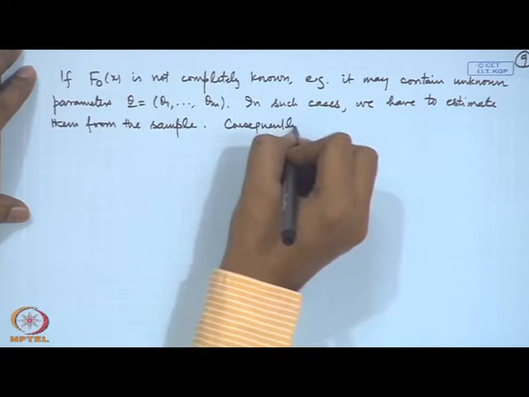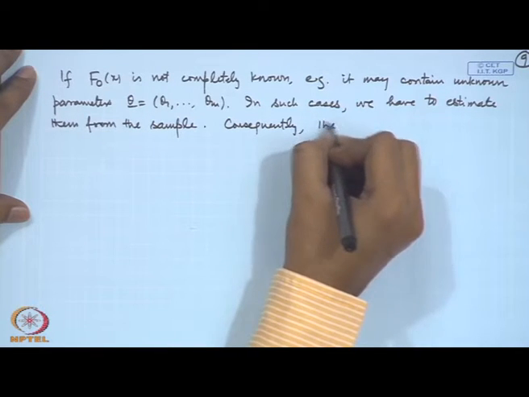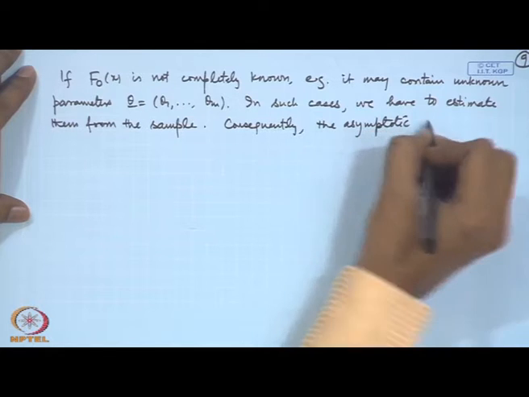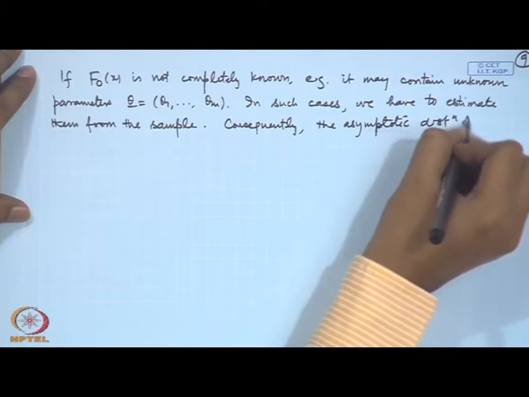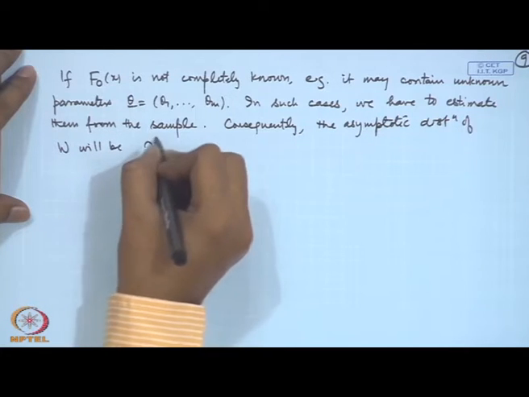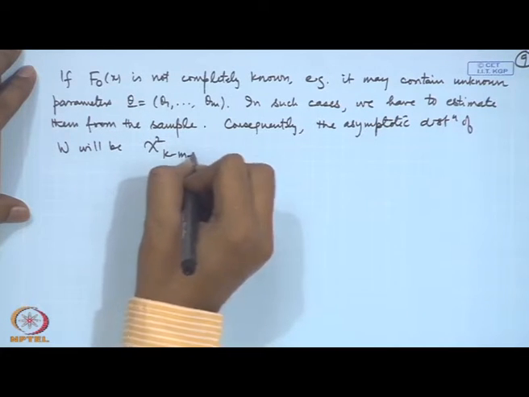Consequently, the asymptotic distribution of W will be chi-square with k minus m minus 1 degrees of freedom.